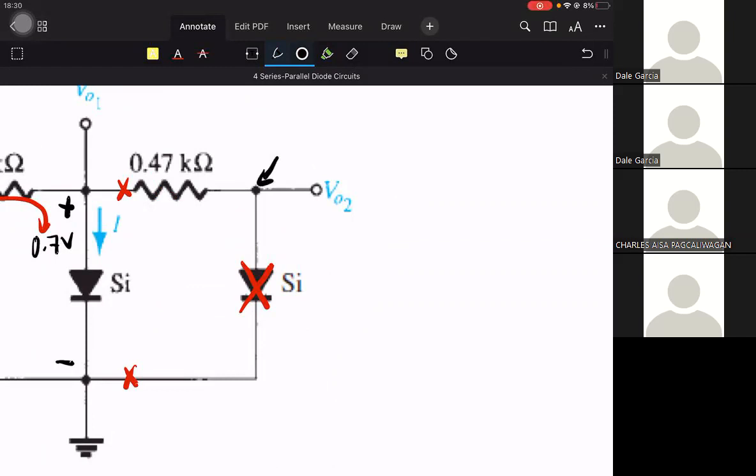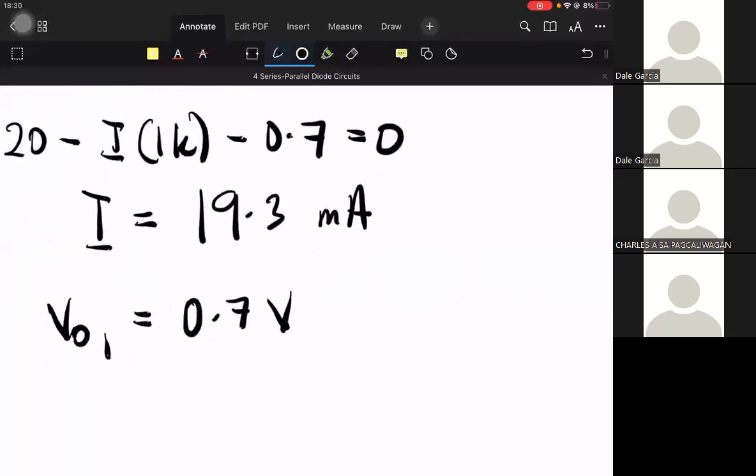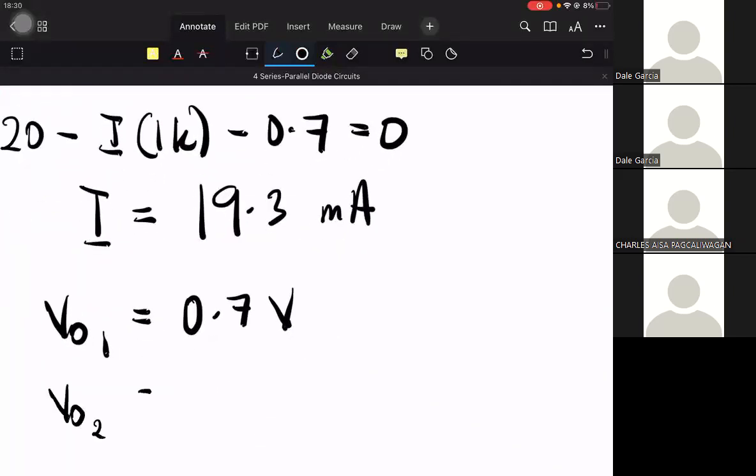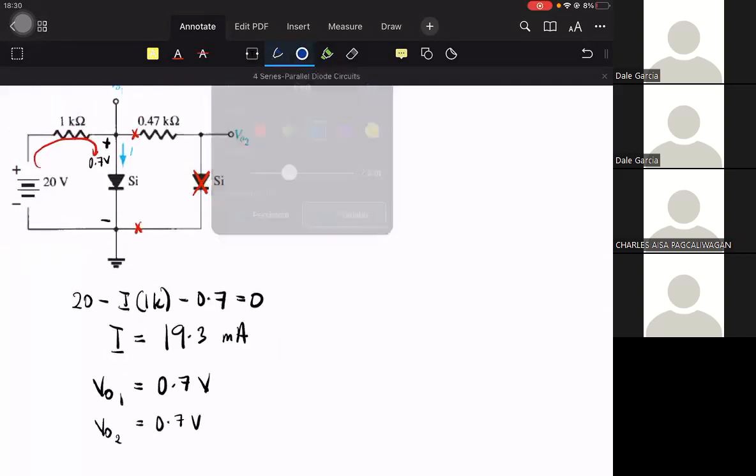No current flows across the 0.47K resistor, so it is as if it were just a wire. So VO2 measures the voltage at that point, the same as VO1. So VO2 is also equal to 0.7.